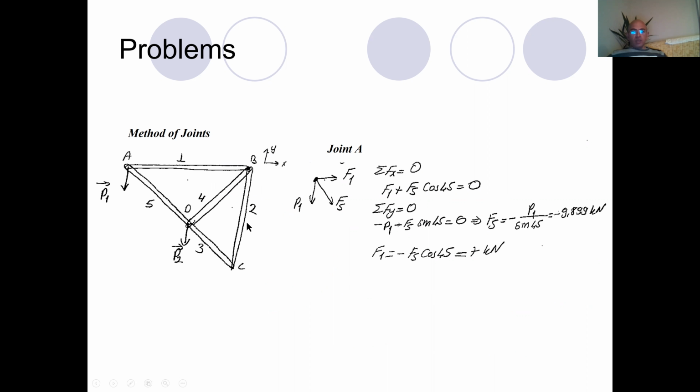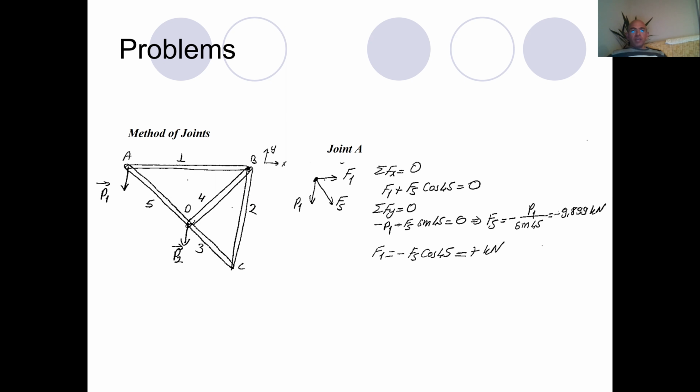Then from B to C, I say that it is member 2. From D to C, it is 3. From D to B, it is 4. And from A to D, it is 5. So we have 5 truss members, and as a result, we have 5 forces to calculate.